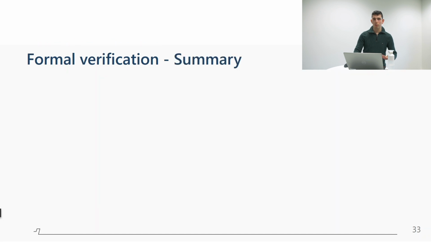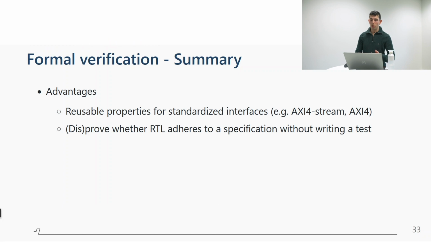To summarize formal verification, two key advantages are that when you have reusable properties, everybody can use them. So you could define properties for AXI4-Stream and AXI4, and then simply reuse them. And the only thing you need when using formal is your design together with those properties.